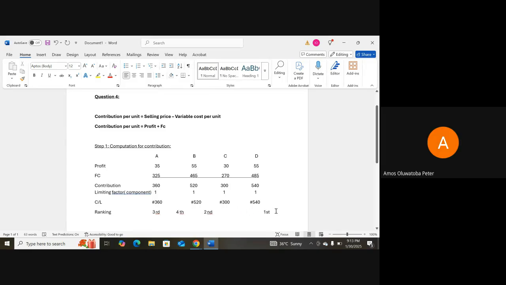B. So I want to arrange it. B is the second one, right? Yes, sir. This is the first, this is second, third, and this one has to be fourth.